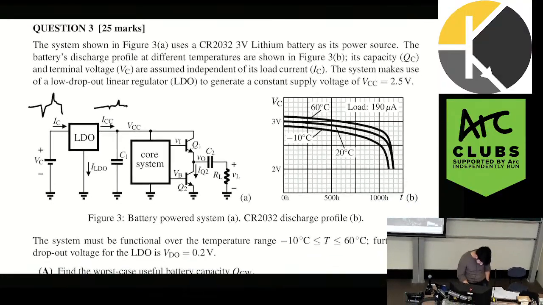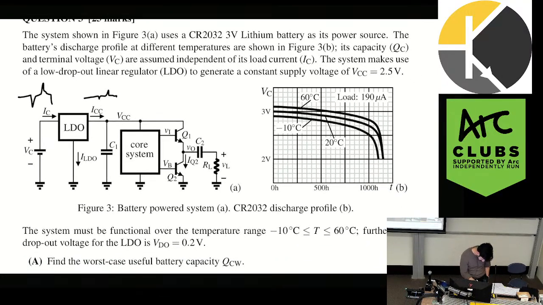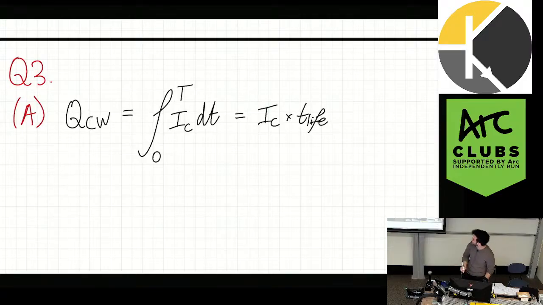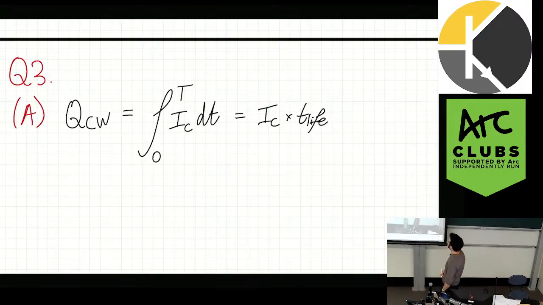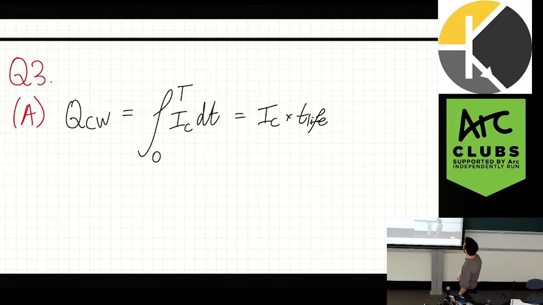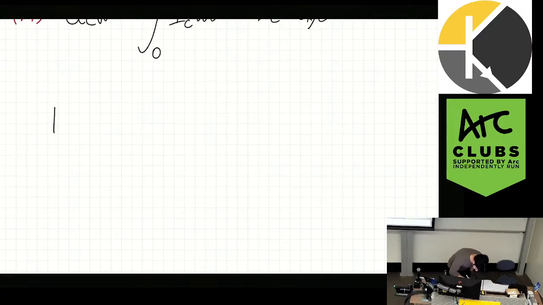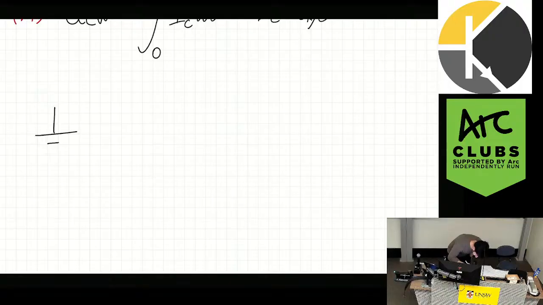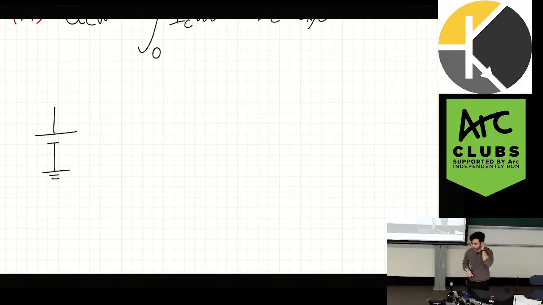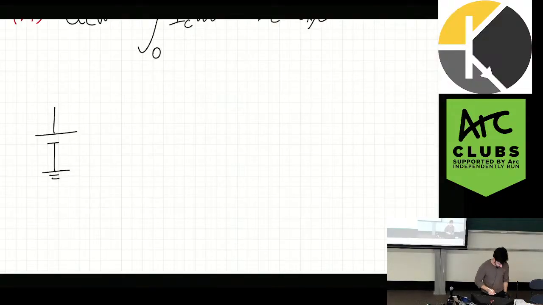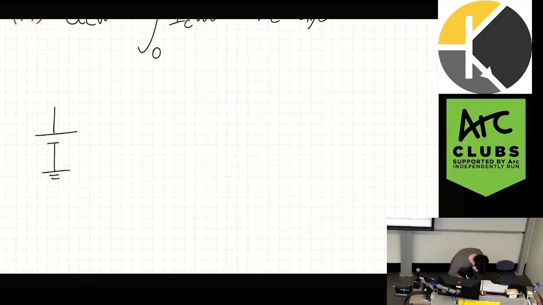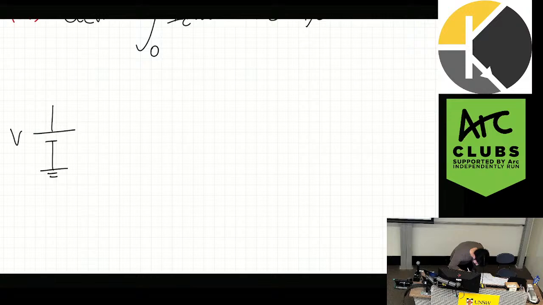I'm trying to figure out which one's easiest to go through. Maybe let's start with the lifetime of the battery. Okay, so the battery is connected. And by the way, what I'm about to write isn't really what you need for the question, but I think it's important to go through. So the battery, VC, is going into an LDO.